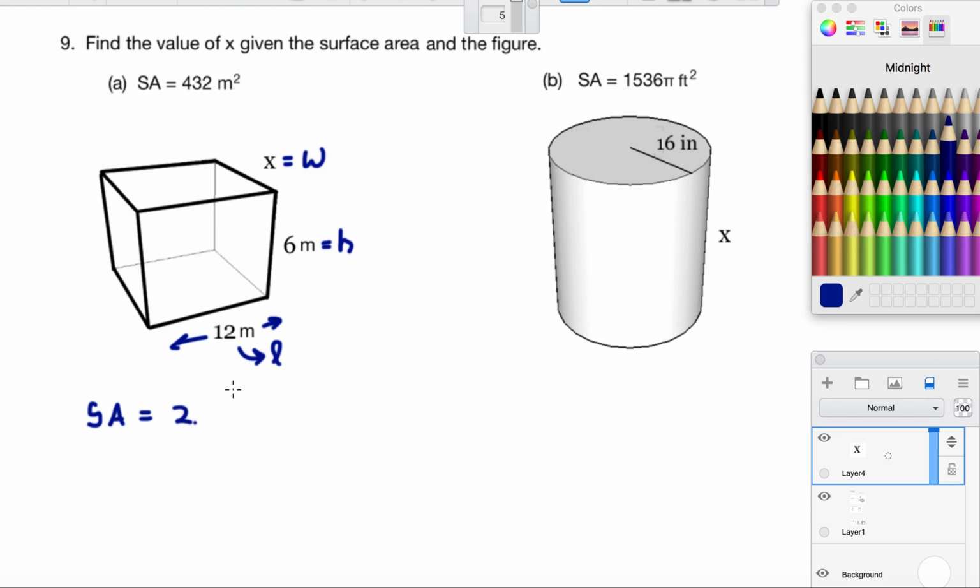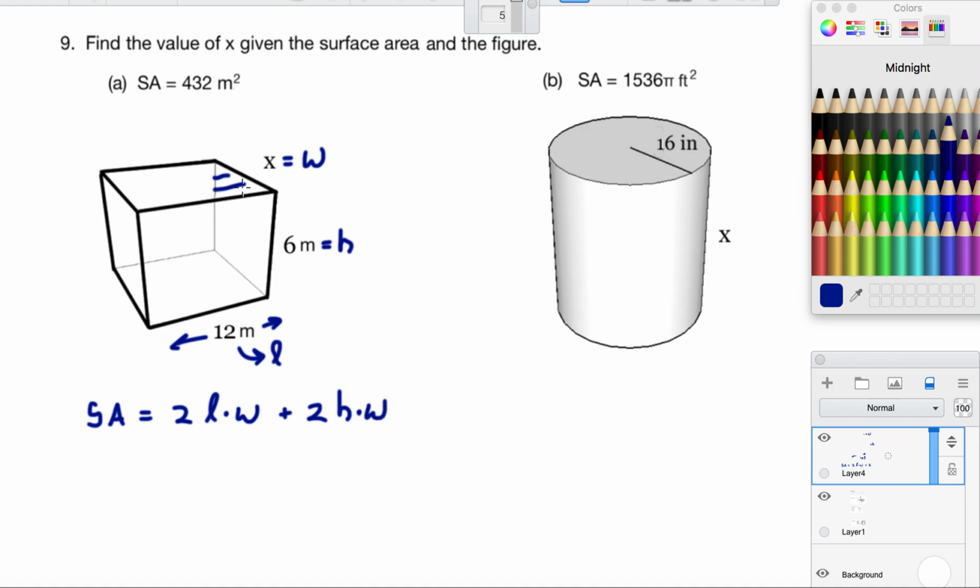Ultimately, we've got 2 length times widths, so we have the area of this rectangle right here, which would be the length and the width, and we have the top one also, right? So that's why there's two of those, and we're going to add to that 2 times, let's do the left and the right side. So that would be height times width.